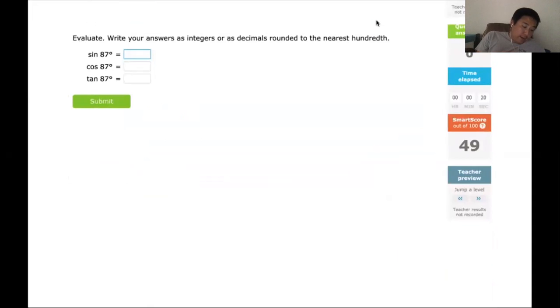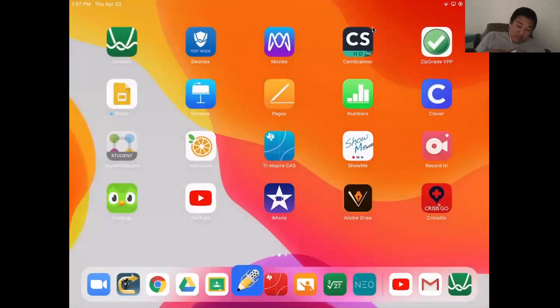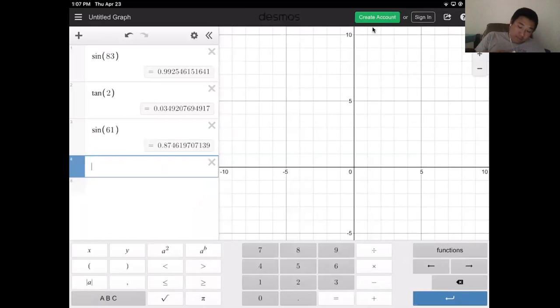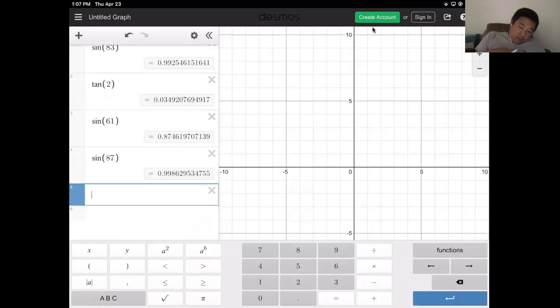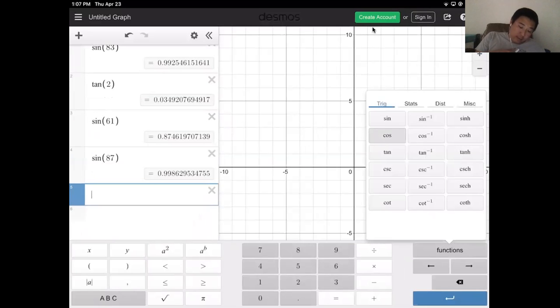Now we have to do sine, cosine, and tangent of 87. Sine 87, function, cosine 87, function, and then tangent 87.